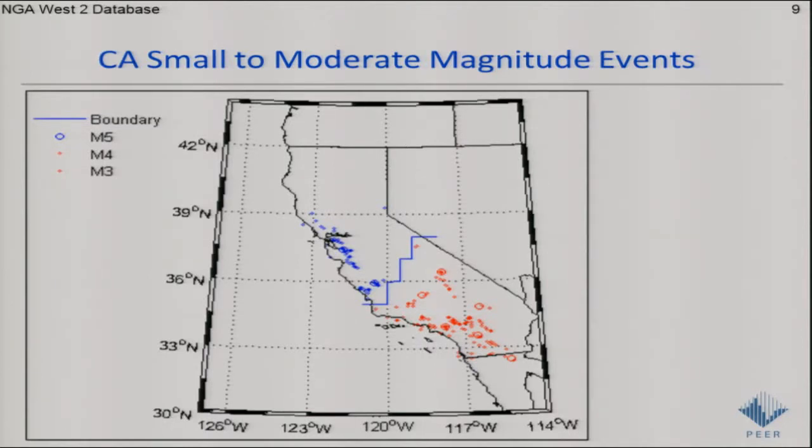The graphic shows 2 colors. So what we did was, to get better quality data on the event information, say the hypocenter location, the mechanism, the magnitude, we split the events up into 2 different regions.